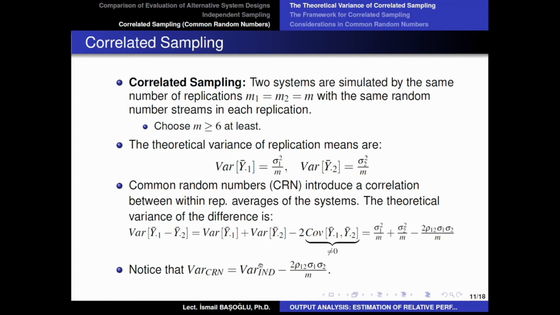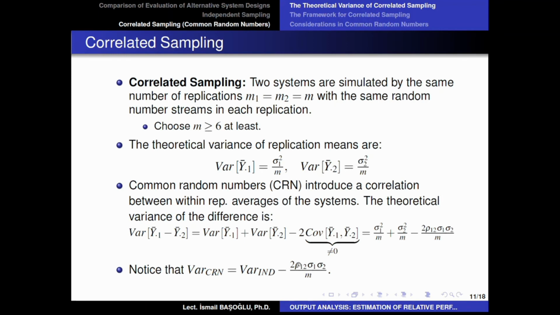And you see the variance obtained with a common random numbers methodology or correlated sampling will be the variance of the independent sampling, because in the independent sampling the covariance is 0, minus 2 times the correlation among the estimates and the standard deviations of the estimates.